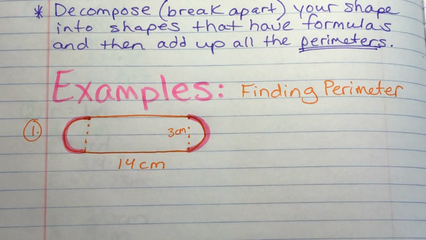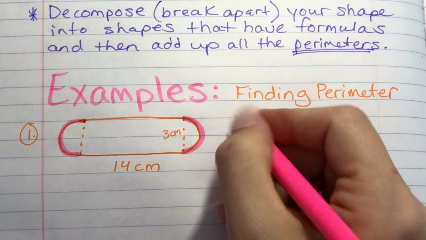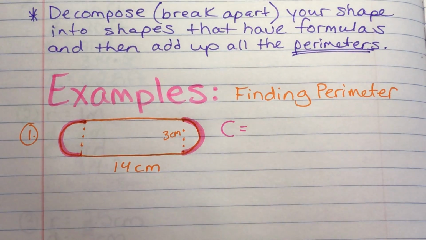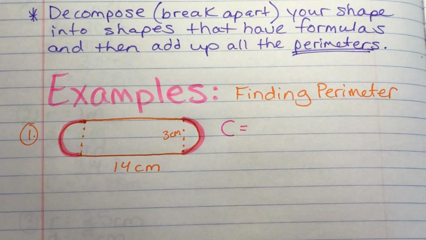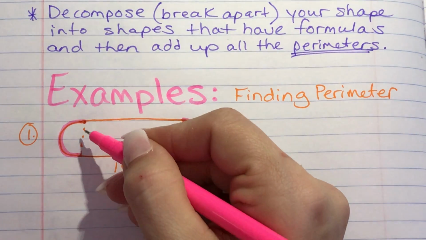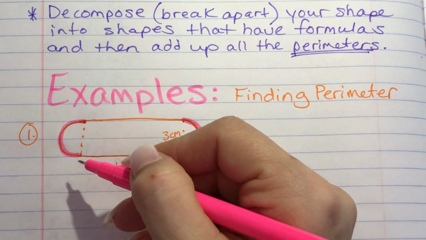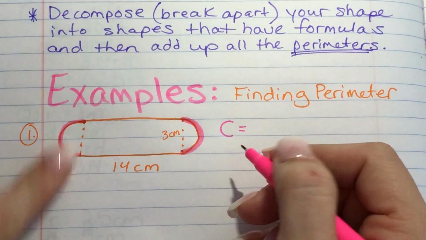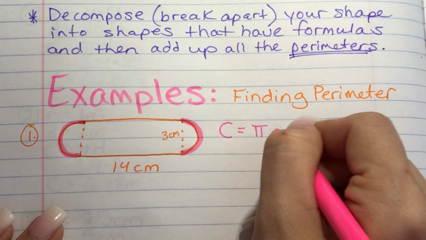So to find circumference, what's my formula? Isaac? Both of them? Nope. Pi times d. Yep. So since they gave us all the way across, then I'm going to use the diameter. So we're going to go with pi d.